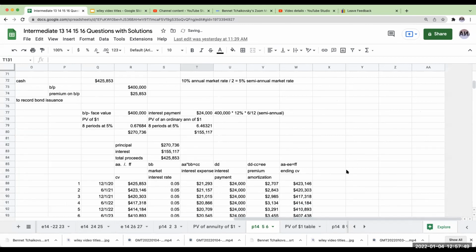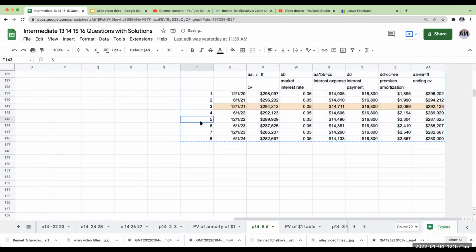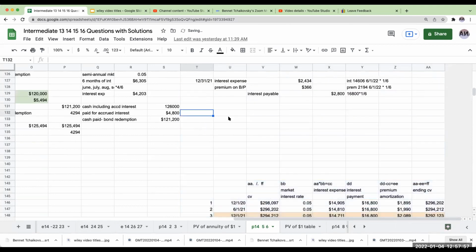Oh, lucky us. Okay. So the next one over here, I'm now going to go to 6/1/22. I'm going to have a debit to interest payable, premium on bond payable, and interest expense. My interest payable is going to be 2,800.